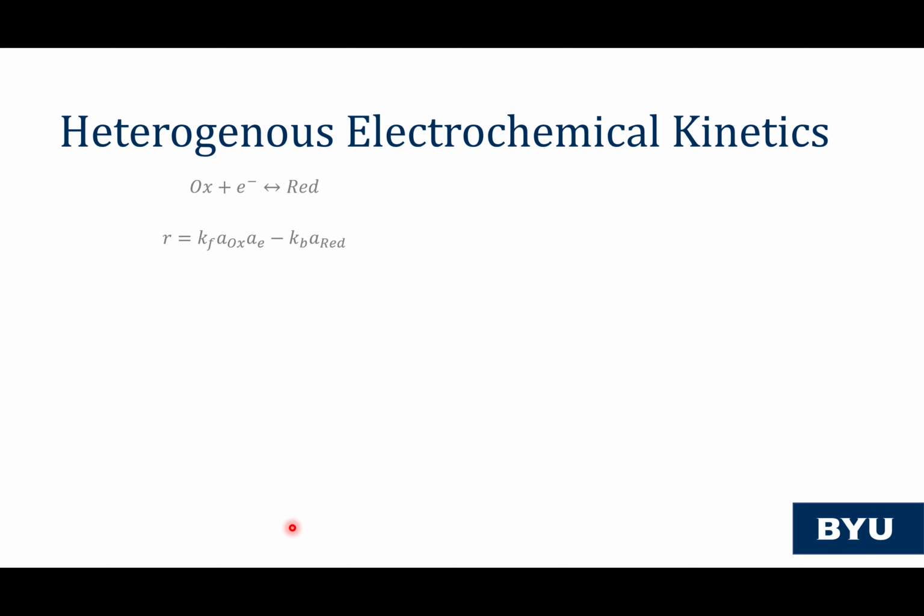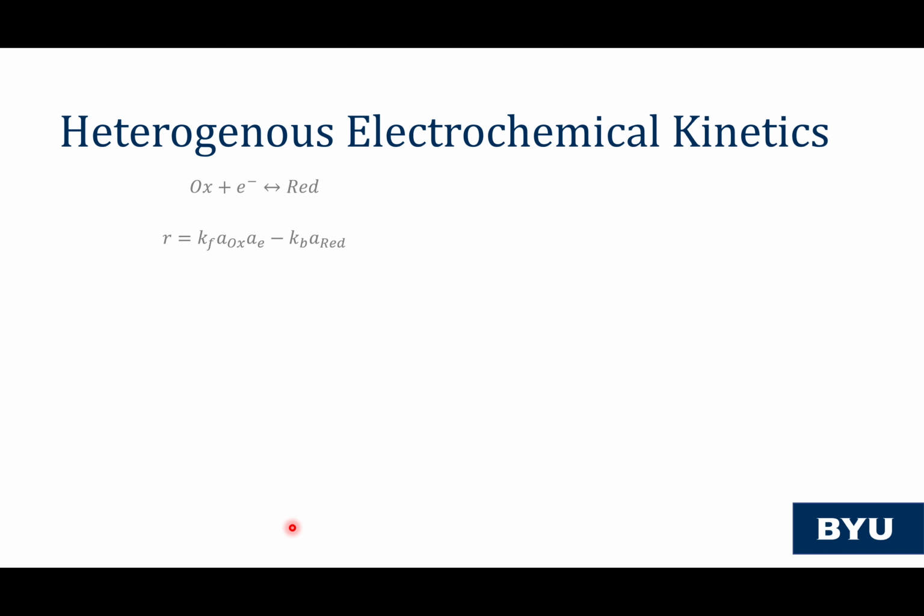So when we move to heterogeneous electrochemical kinetics, we get a little bit more complicated. We're going to start with fewer assumptions in this case. So let's say we have an oxidized species that's being reduced. In the net rate expression, we're going to include the activity of the oxidized species, the activity of the electron, and the reduced species.